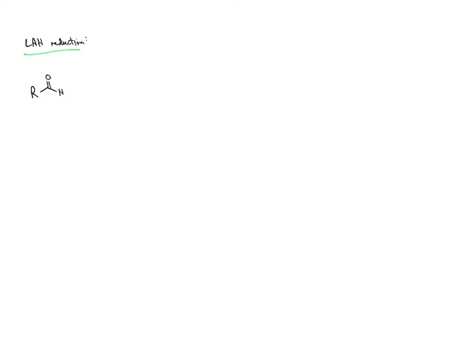All right, so the way we do this reaction is we normally do LAH in THF at minus 78 degrees. It's a fairly powerful reagent. We'll get to that in a second. We follow this up by quenching the reaction with 15% sodium hydroxide, aqueous sodium hydroxide.